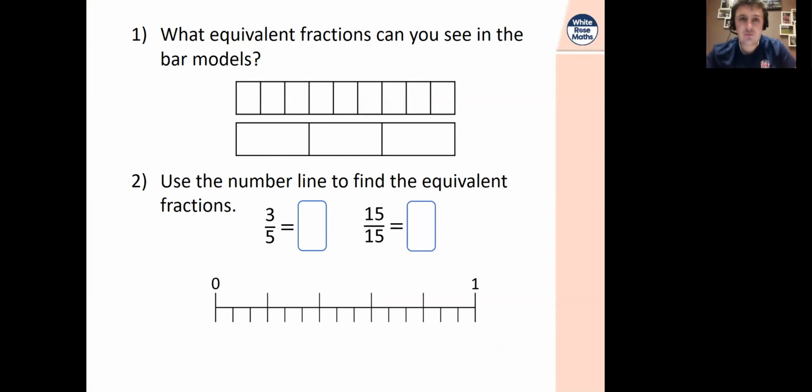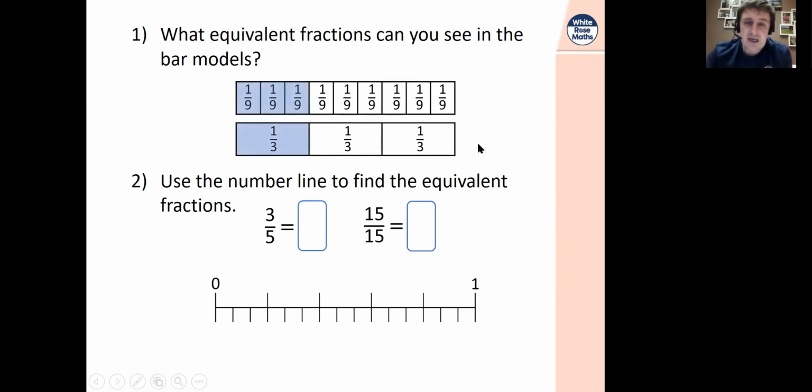Okay, so the first question says, what equivalent fractions can you see in the bar models? Well, I'm going to look at the one with the fewest parts first. I can see that this one here is broken up into thirds, and the top one is broken up into, count them, 9 equal parts, so ninths. What equivalent fractions can we see in there then?